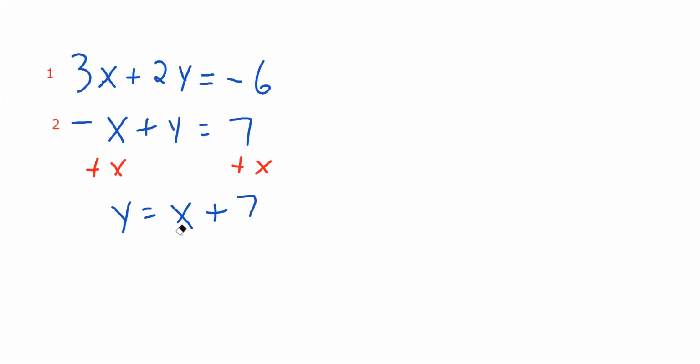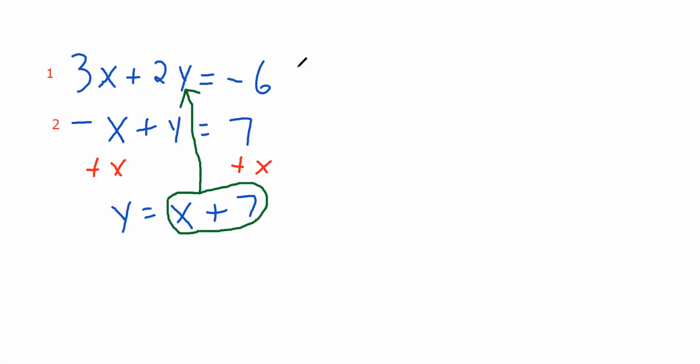And that may not seem profound, but now I can substitute this thing, x plus 7, into the other equation for y, because y is equal to x plus 7.